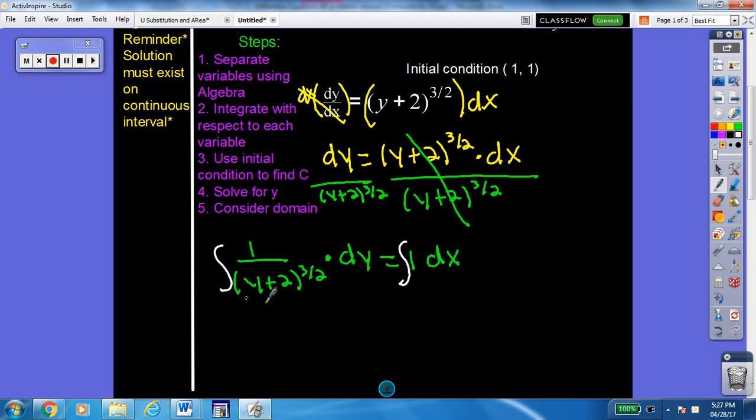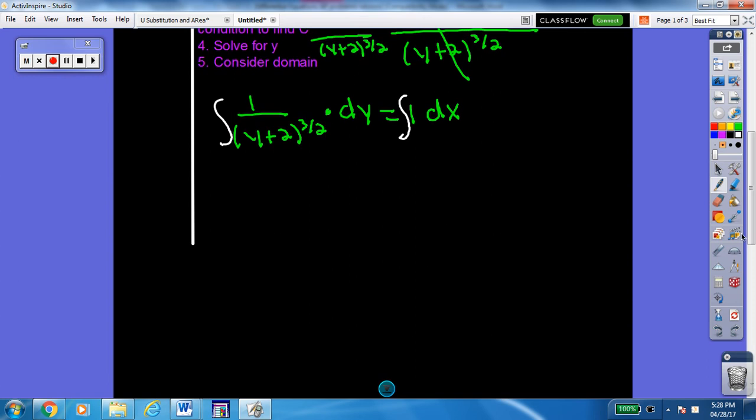But on the left side, we've got a more interesting situation. So how do we take the antiderivative of this portion? Well, some of you might think, use substitution, but I think we can undo this in our heads. Let's take the bottom, (y plus 2) to the 3/2, and send it upstairs.